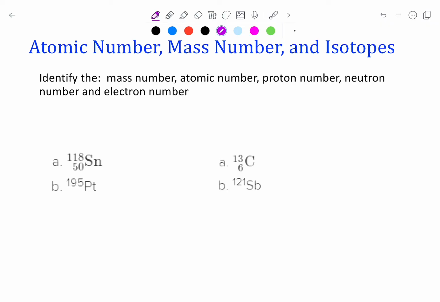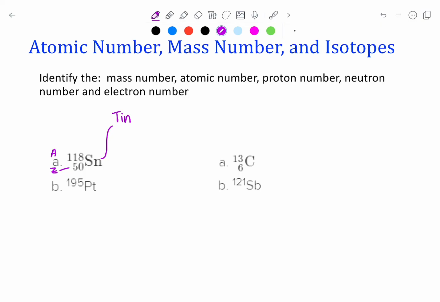So Sn, this is tin. Now we see here, this is A and Z. Z is our number of protons, so we can find tin on the periodic table by looking for element number 50. So go to your periodic table and look for element number 50.